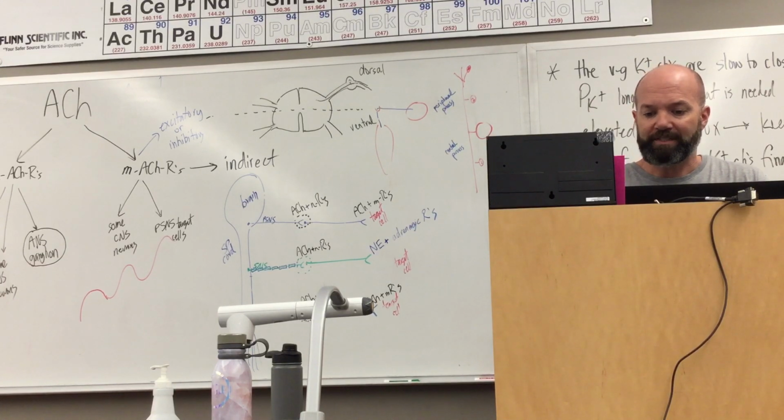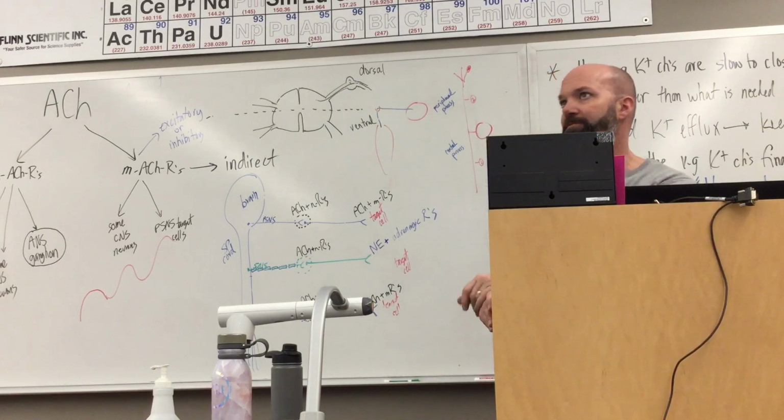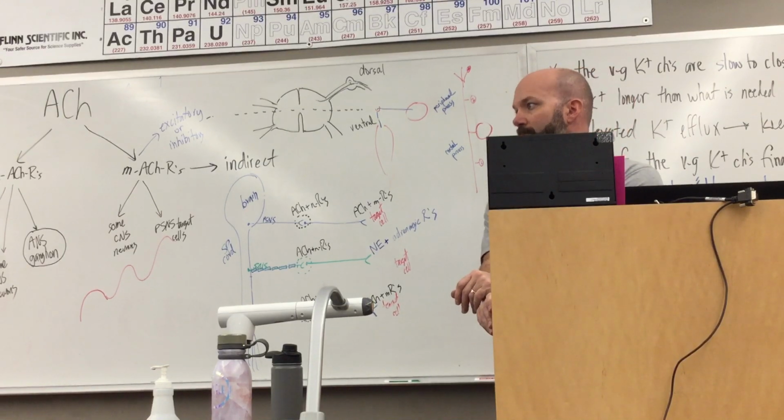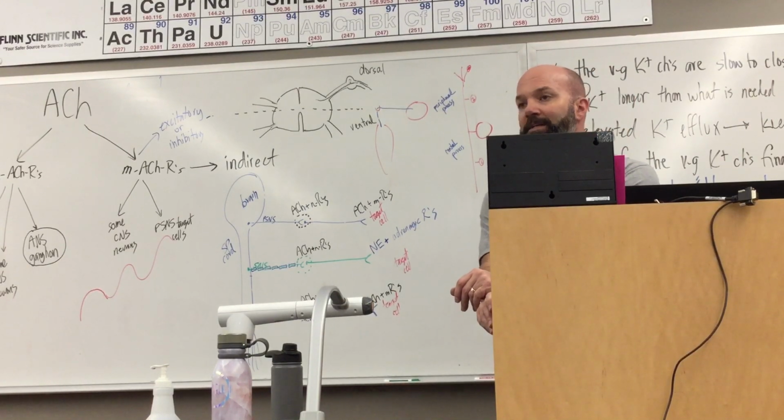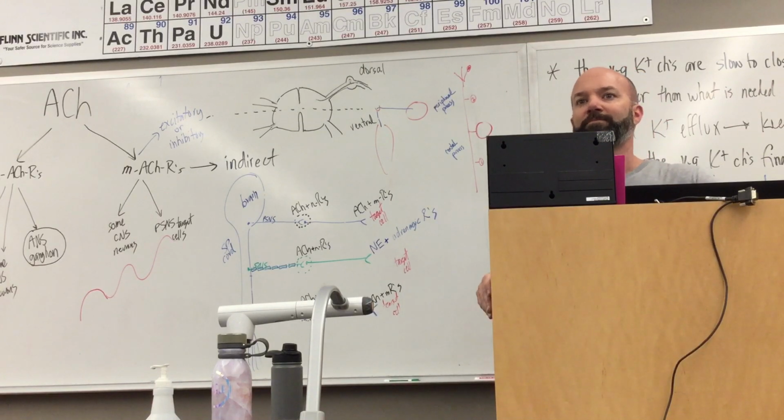Which cranial nerves attach to the pons? Facial, abducens, and trigeminal. 5, 6, 7? And then 8, 9, 10, 11, 12 all attach to medulla. What's the name of 10? Vagus. 8? Vestibulocochlear.